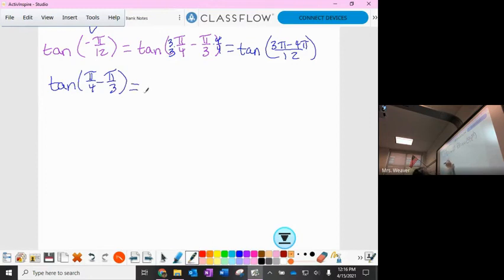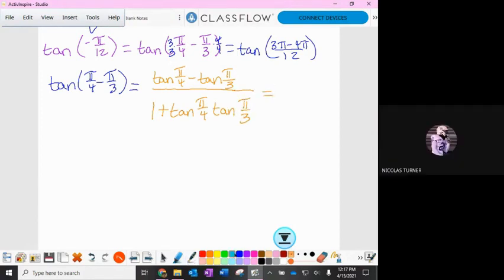The formula says tangent of the first minus tangent of the second, over 1 plus, because it's the opposite sign in the denominator, tangent of the first times tangent of the second. Did you pick that one so far?